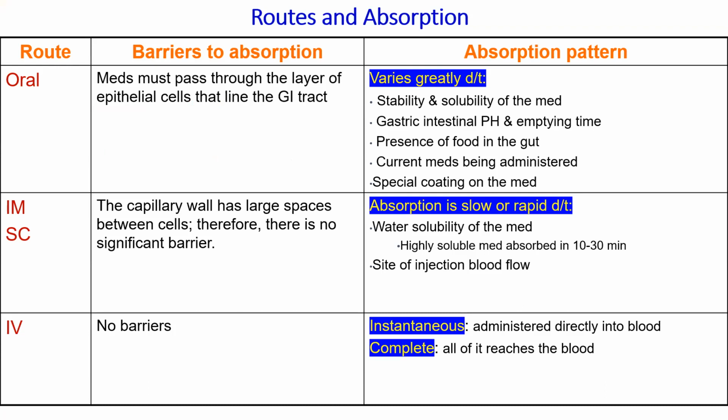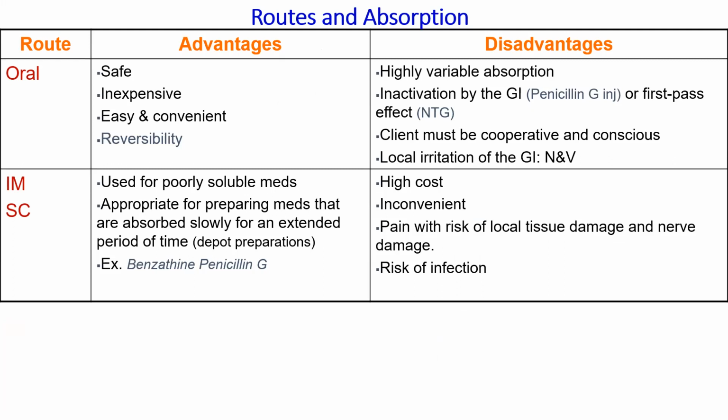This table is a comparison table that compares oral, IM, sub-Q, and IV in terms of the barriers to absorption and the pattern of absorption. As you can see, for IV there are no barriers to absorption, with the medication given intravenously. Advantages and disadvantages are compared for oral, IM, and sub-Q.